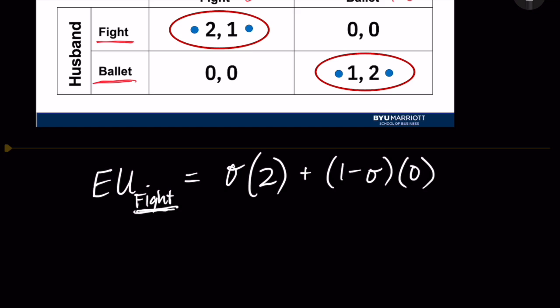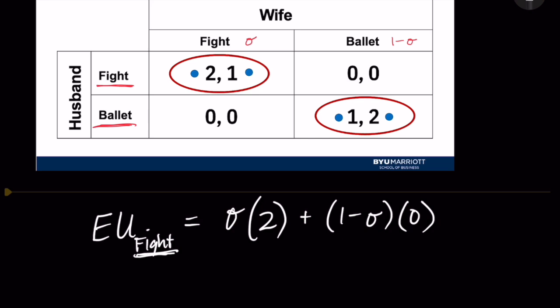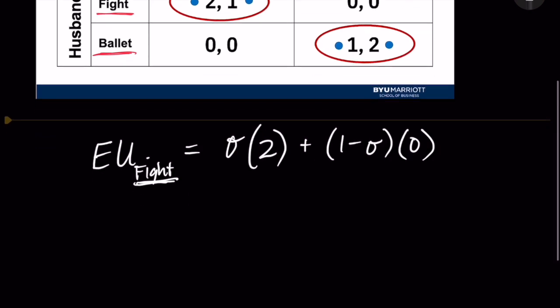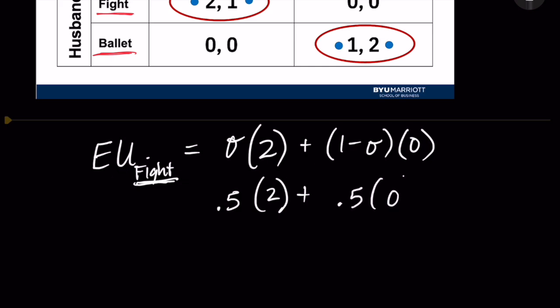Let's give an example to show how this works. Let's say that the wife is 50-50. So 50% of the time she'll go to the fight, 50% of the time she goes to the ballet. We can plug those values in here: 0.5 times 2 plus 1 minus 0.5, so that's also 0.5, times 0. This cancels out, and then we have 0.5 times 2, so this equals 1.